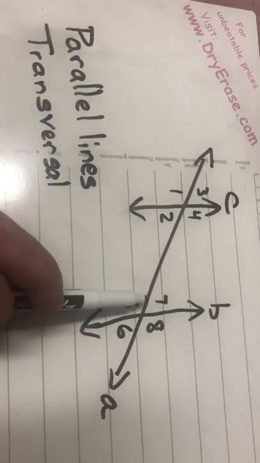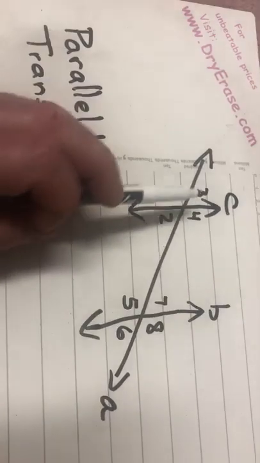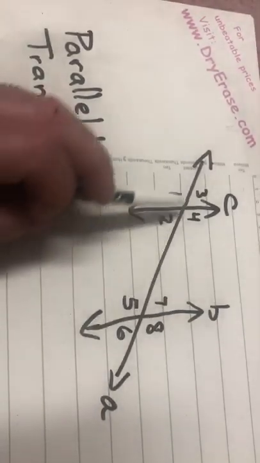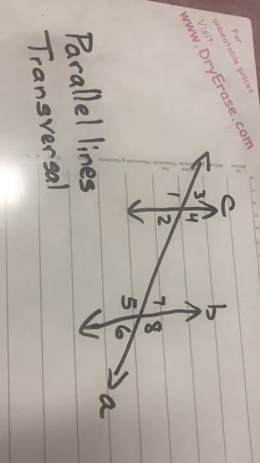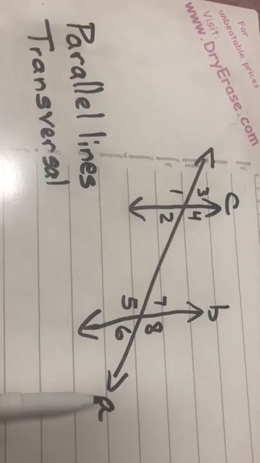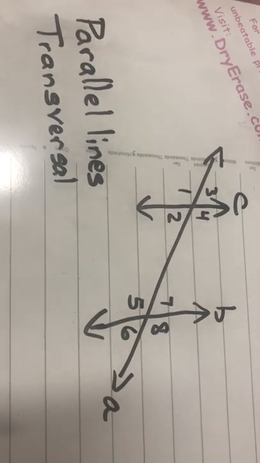You can see that this intersection created 1, 2, 3, 4 angles. This intersection right here, from line A with line C, created 1, 2, 3, 4 angles as well. So there were a total of 8 angles formed by the transversal here.